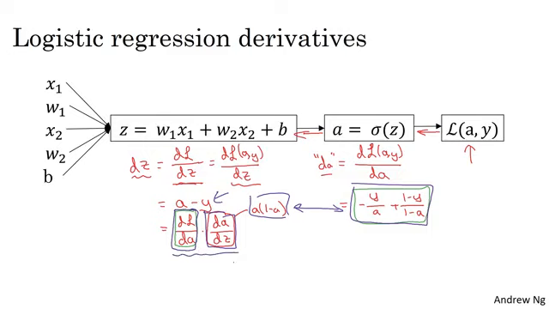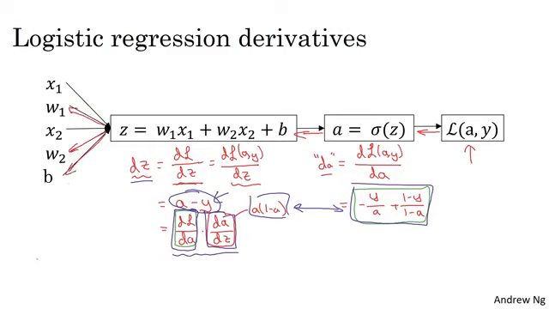Okay, so feel free to go through that calculation yourself if you are knowledgeable about calculus, but if you aren't, all you need to know is that you can compute dz as a minus y, and I've already done the calculus for you. And then the final step in backpropagation is to go back to compute how much you need to change w and b.